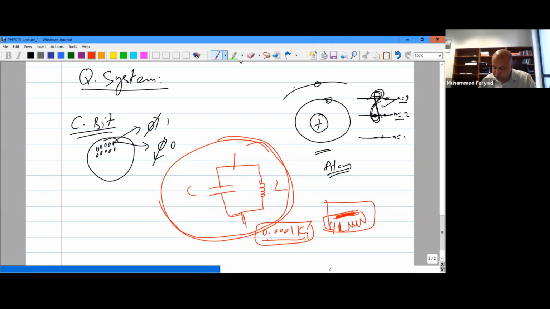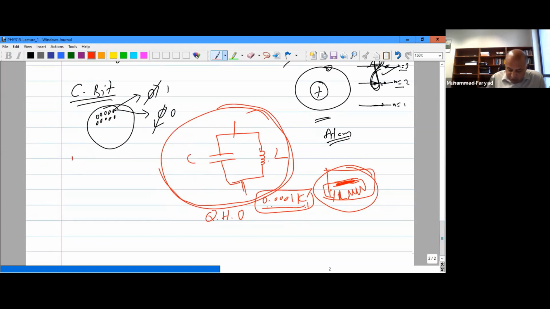When we cool it down, this essentially means that we are isolating this LC circuit from its surroundings. Now, this is a resonator already, but once we have isolated it from the environment and reduced its temperature, this essentially becomes a quantum harmonic oscillator. This was a harmonic oscillator already, but by reducing its temperature and isolating it, this is sort of a quantum harmonic oscillator.